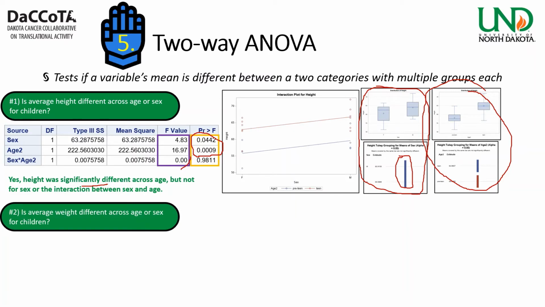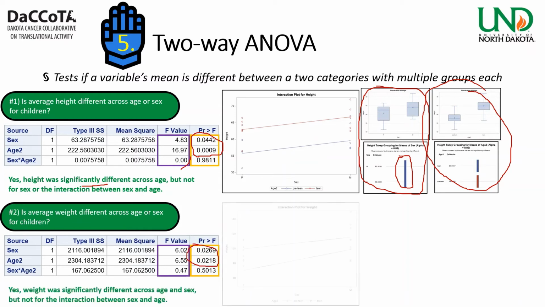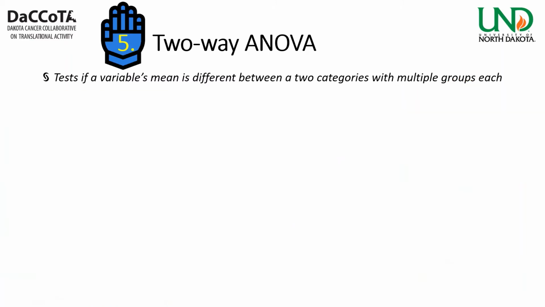So now let's look at these children, but let's look at weight. Again, we have two that are significant, but this time both of these and the Tukey test were significant. So we can see that males were heavier, of course, and older kids were heavier as well. Not surprising, what we'd expect.